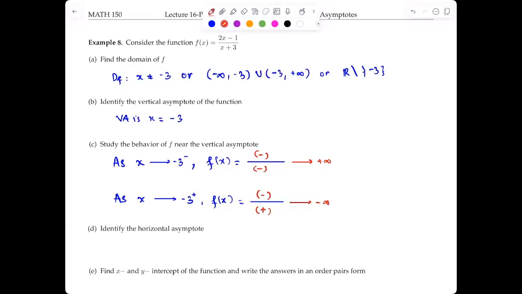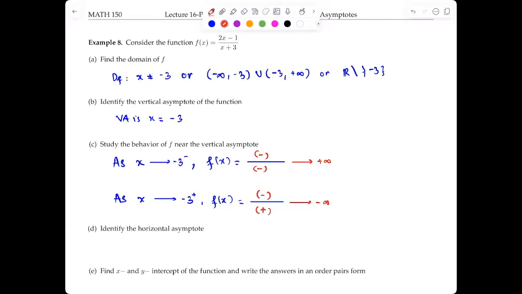Just general, or actually this function. So you study the behavior of the function near the asymptote. That's why we consider around -3. Because you consider this around -3, the numerator always gives you negative, in this context, for this function.